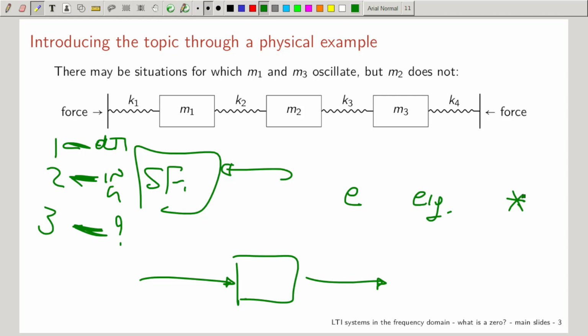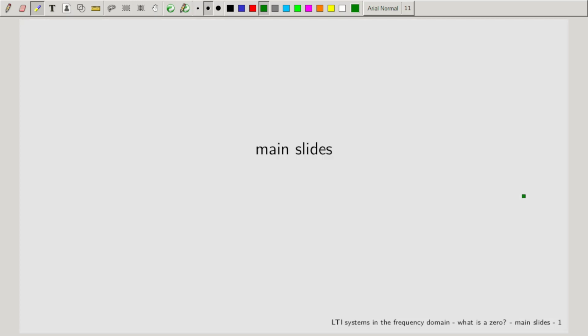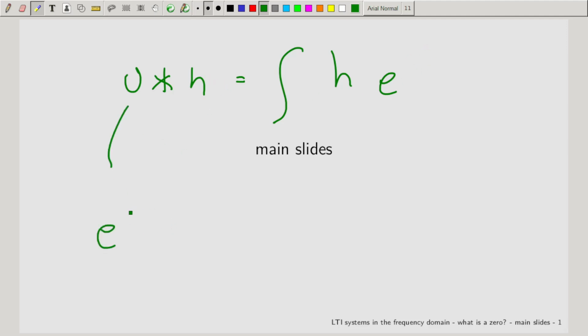Do you remember this? I can also revise it. If I have u convolved with h, this is going to be the integral of h times e to the j omega (tau minus t), true?